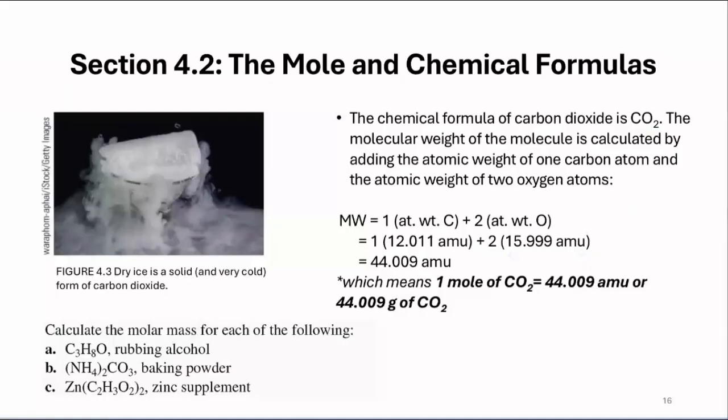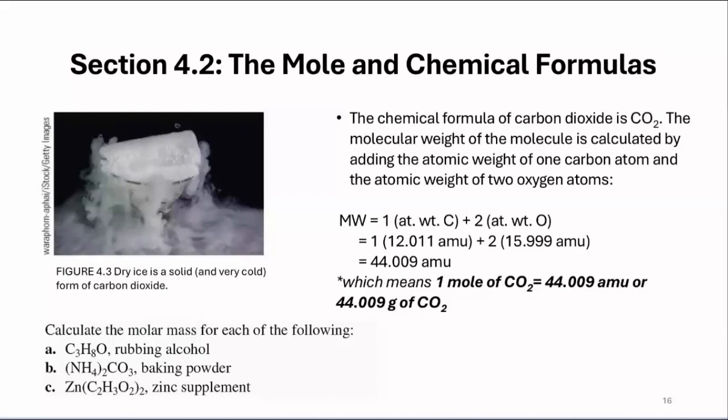So when I take 1 times 12.011 plus 2 times 15.999, and I add them, this is the total number that I get, which is going to represent the molecular weight for CO2.